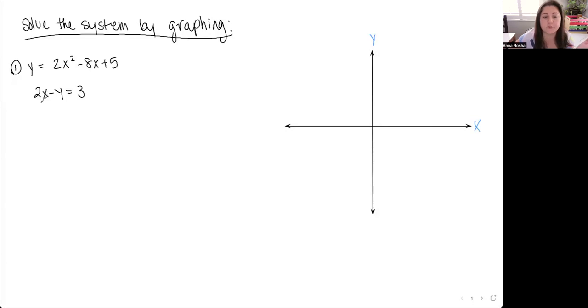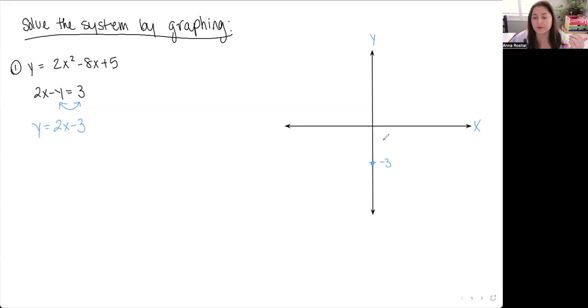linear one. So I know in order for this to be a line, we're going to get y on its own. So I know in order for y to be on its own, I can flip-flop these two, where I add the 3. So I'm going to end with y equals 2x minus 3. And if -3 is somewhere here, that's going to be my intercept.